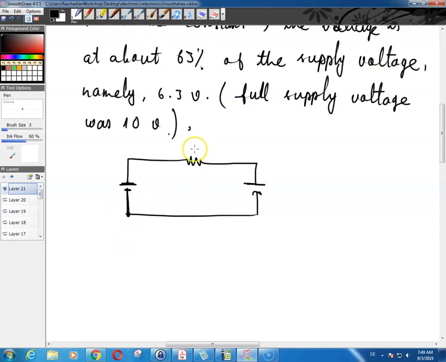The resistor was 10 kilo ohm. The capacitor is 10 microfarad. So we calculated the time constant, tau equal to R times C, to be 0.1 second.